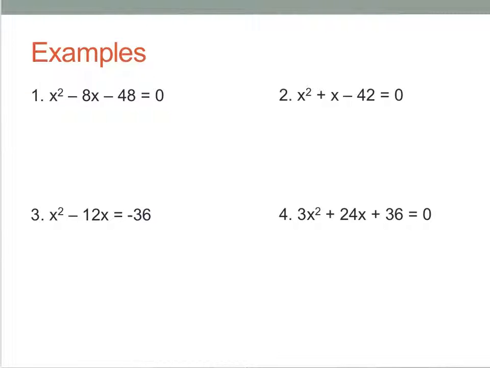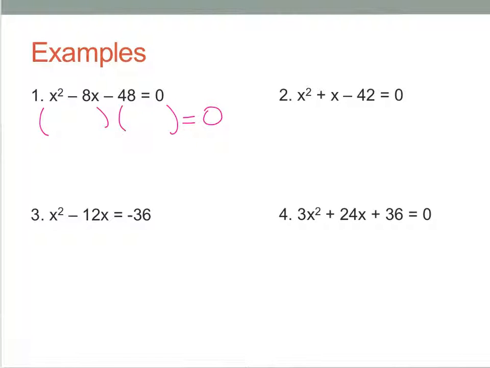Alright, now let's go back a step and practice some factoring. In these examples, we want to factor first and then solve for x by setting each of our factors equal to 0. Number 1, we have x squared minus 8x minus 48 equals 0. If you recall, make your two sets of parentheses. This time it has to equal 0 at the end.